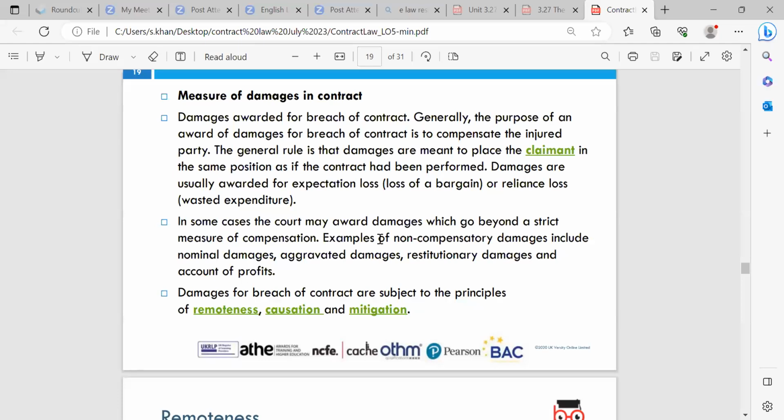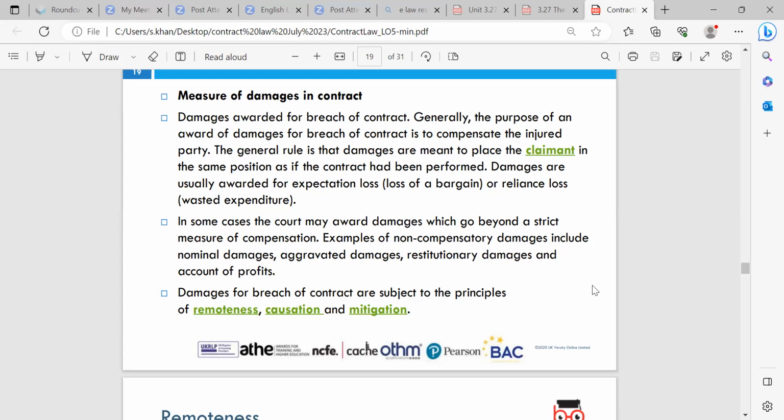Damages are usually awarded for expectation loss, so loss of a bargain, or reliance loss, which is wasted expenditure. In some cases, the court may award damages which go beyond a strict measure of compensation. Examples of non-compensatory damages include nominal damages, aggravated damages, restitutionary damages, and account of profits.